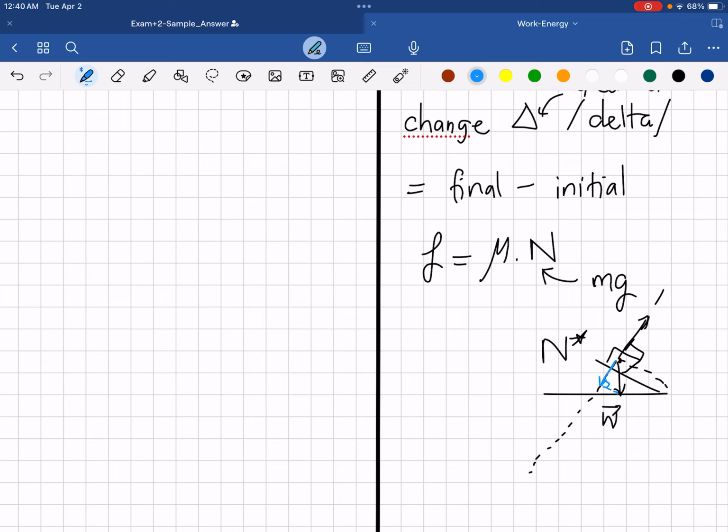If you know the angle of the incline, this is the angle of the incline, then the normal force always equals the component of the weight, this one, which is adjacent to this angle, right?